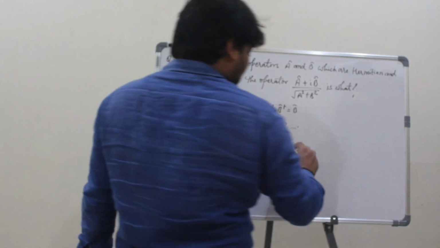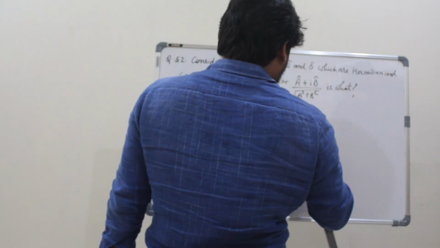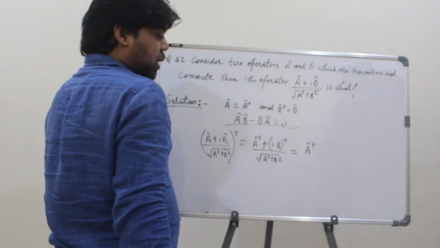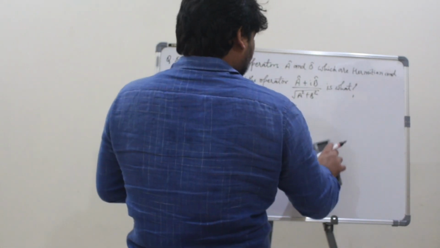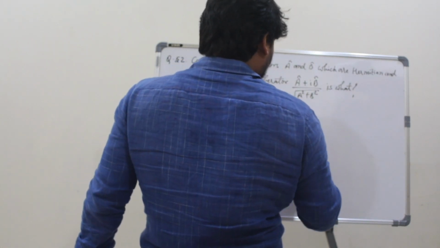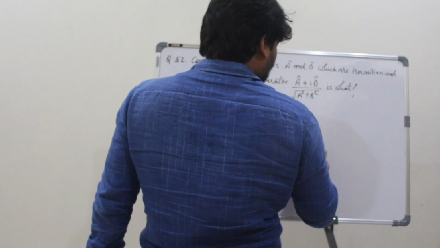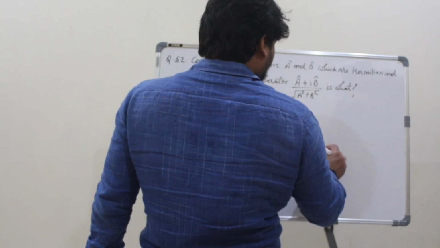What does it give you? A dagger is A, and B dagger is B, but i becomes minus i. So this gives you minus of iB.